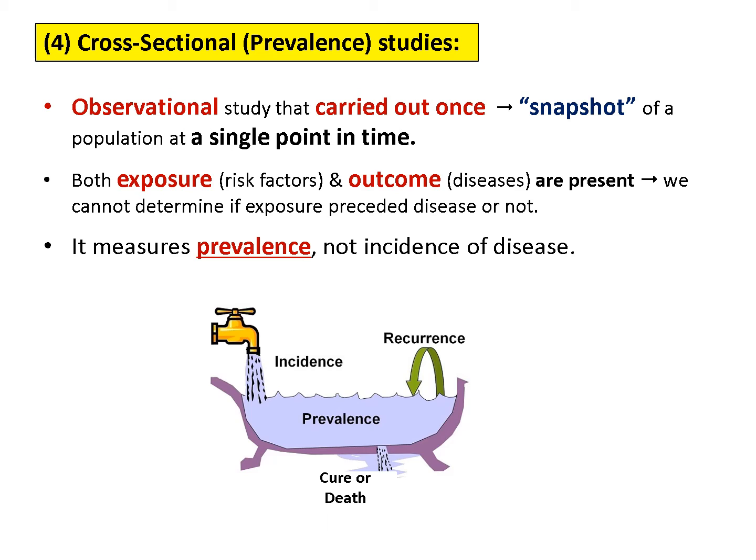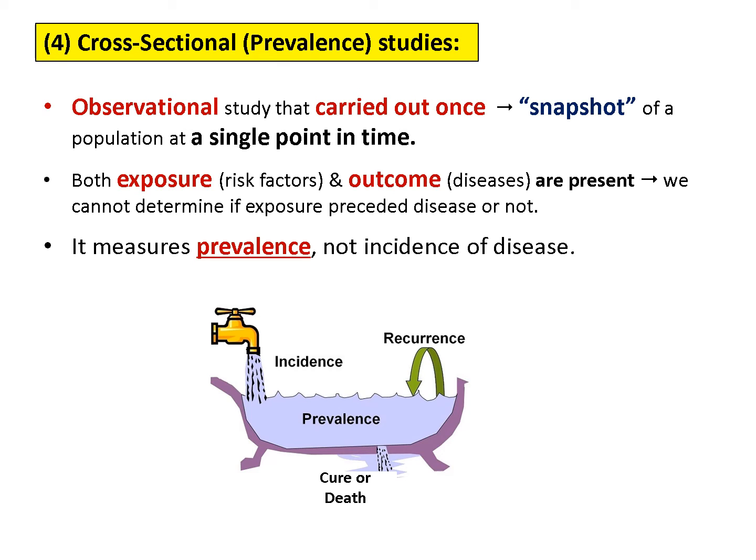So in this setting, in the snapshot or in the one setting, we detect the disease. For example, the occurrence of diabetes mellitus among students of a certain school.